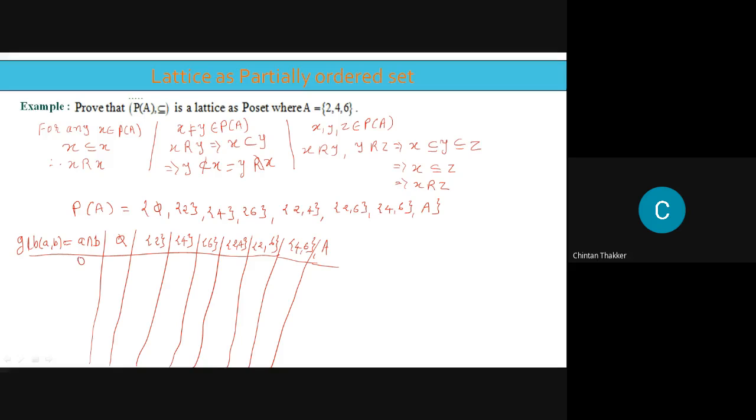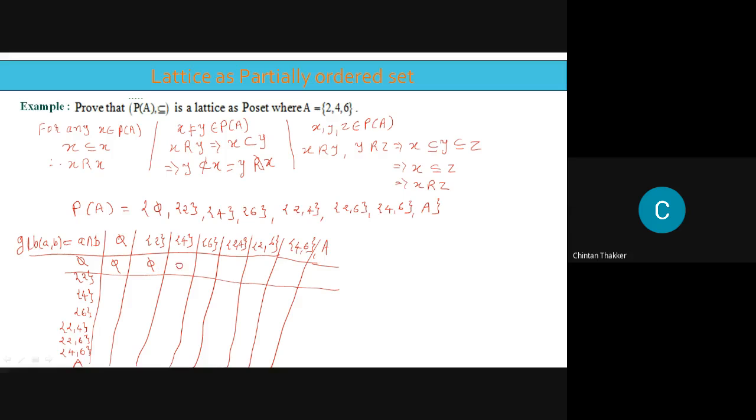Then in a similar way, here phi, singleton 2, singleton 4, singleton 6, {2, 4}, {2, 6}, {4, 6} and A. Now here, intersection with phi is always phi.